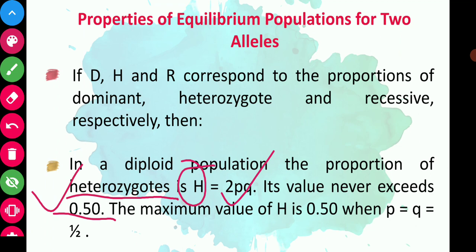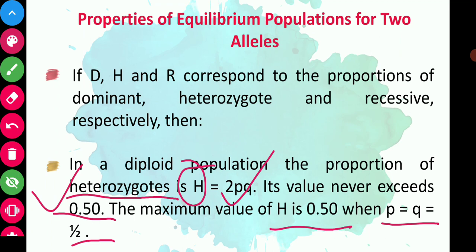The maximum value of heterozygote is 0.5, when p is equal to q is equal to 1/2. That means, given p and q are equal to half, in such a condition the heterozygotes will be maximum, and that maximum value is 0.5.